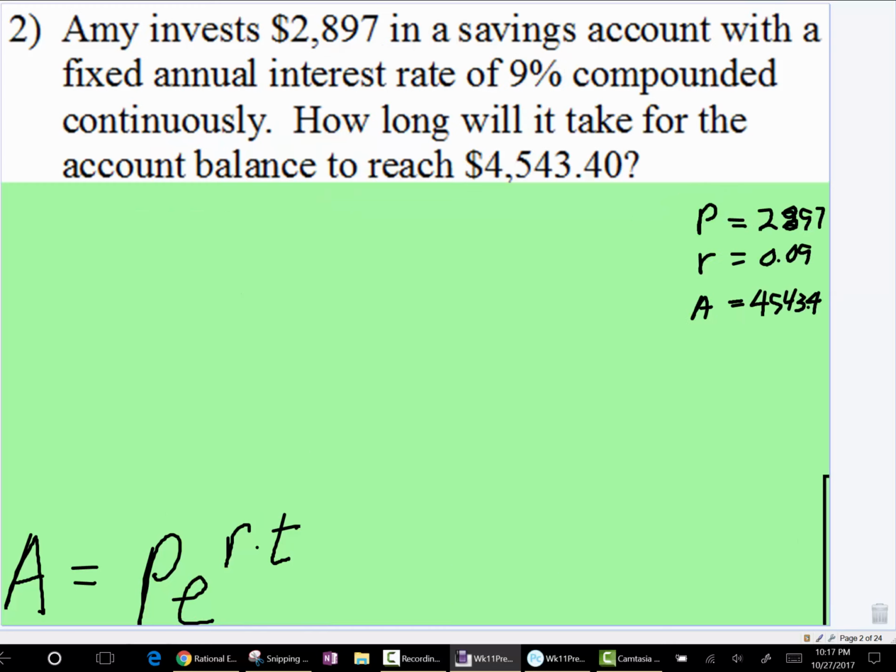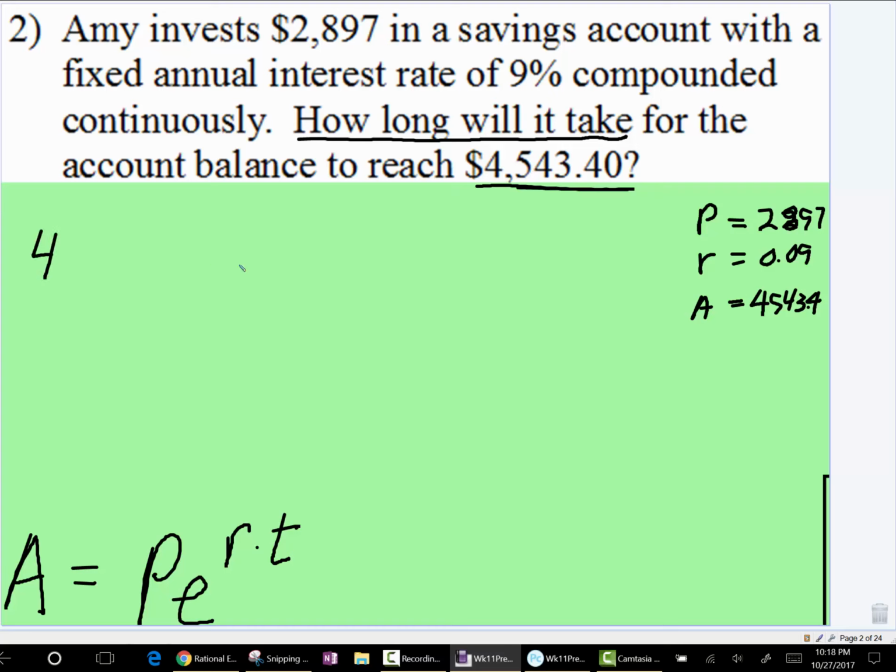So now we have one where we need to find how long it will take. We're going to be finding the time. Again, we're going to plug all these values in. She invests $28.97. That's the principal. Interest rate 9% or 0.09. And the account reaches, oh, well, that's not very much.